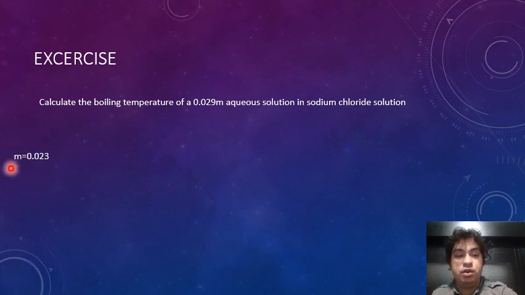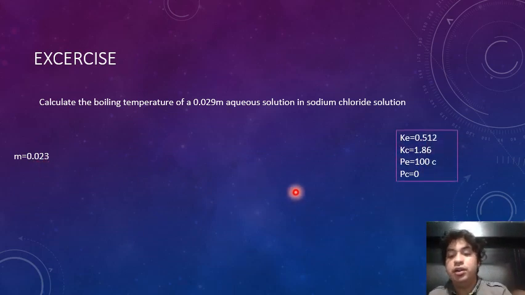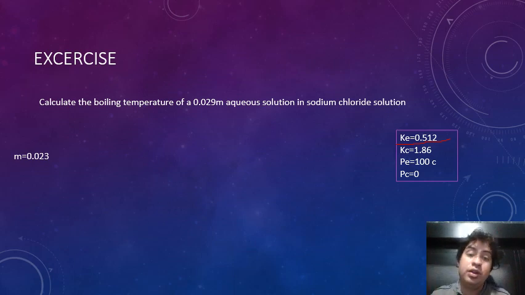Okay, the data is m equals 0.023, and the constants we can obtain in tables. The first one is Ke, that is the boiling constant. In this exercise, the boiling constant is 0.52.